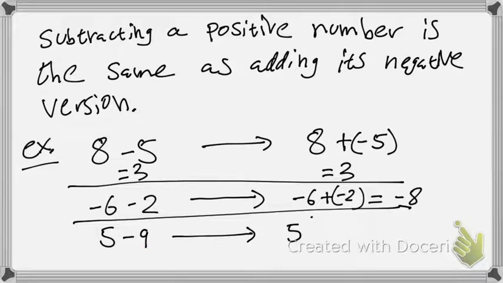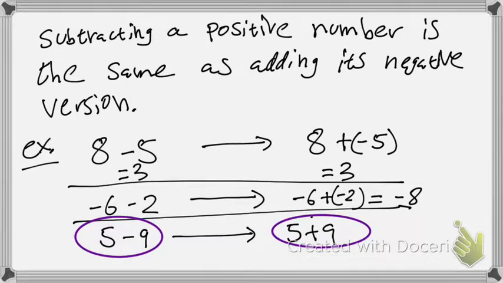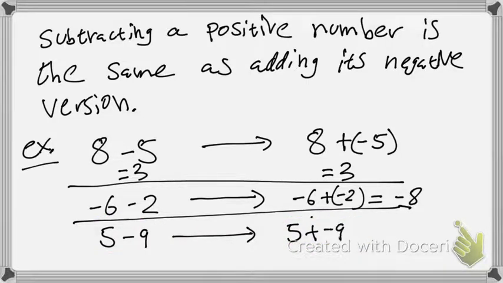A common mistake students make here is they change it to plus 9. These two are not the same problems. Taking away 9 is not the same as adding 9. Taking away 9 is the same as adding negative 9. Once again, you see how we switched two things. Subtraction became addition. That 9 became a negative 9.